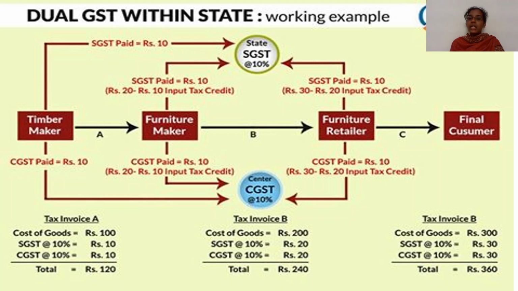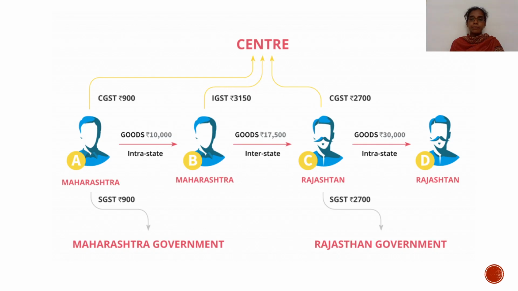In the same way, in CGST, he has already paid 20 rupees on his purchases and is selling to the consumer, and he is charging 30 rupees of tax on that sale. So there will be a reduction of 20 rupees from the 30 rupees, and the remaining 10 rupees would be paid towards the CGST.